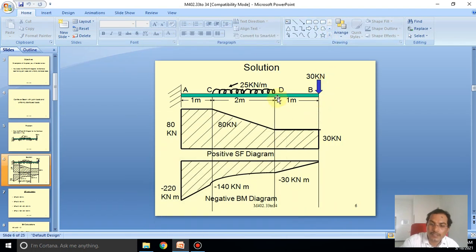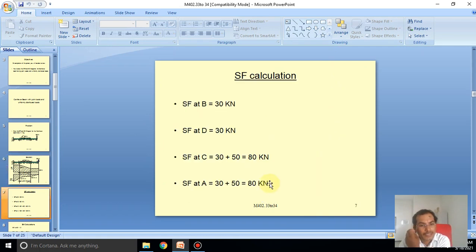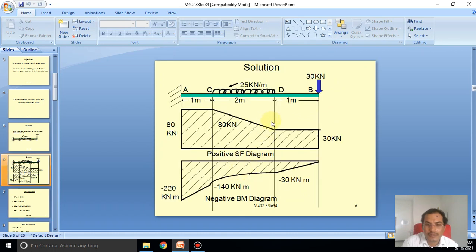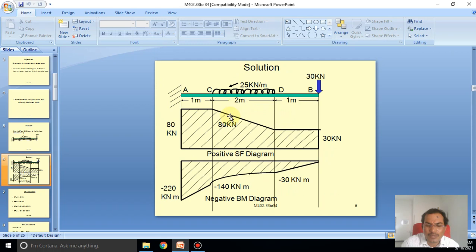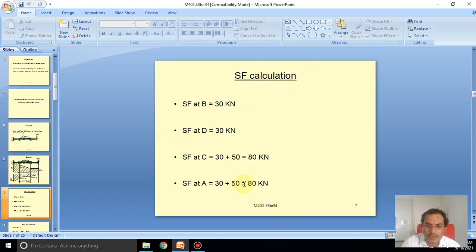And 30 kilonewton from here, and at the point of C we can calculate here. So 30 into 50, why did you give 50? So here the problem is wrong. At the C point, two loads are applied, so here also there is one load, 50 kilonewton.